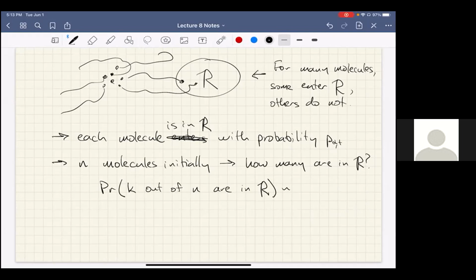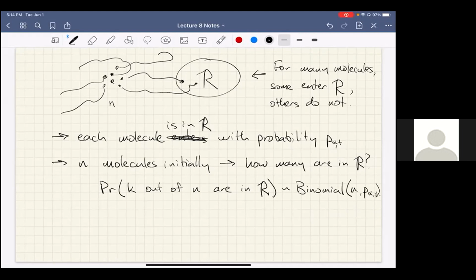So I have N trials, that is to say N initial molecules, and I define success as arriving in R. So if I have K successes out of N trials, then that is the binomial distribution with N and P alpha t as the parameters.